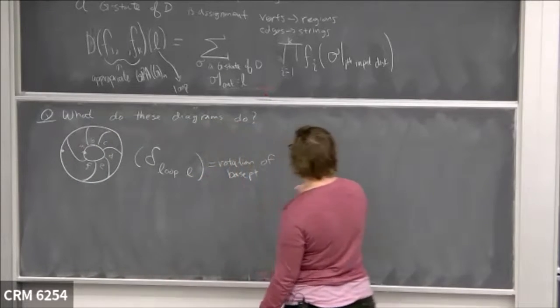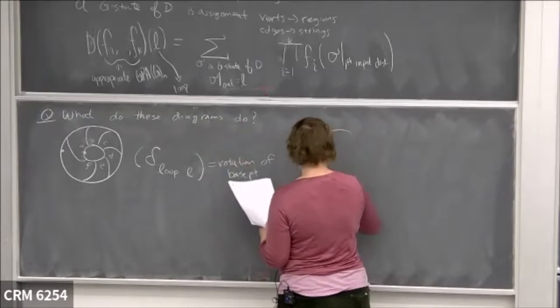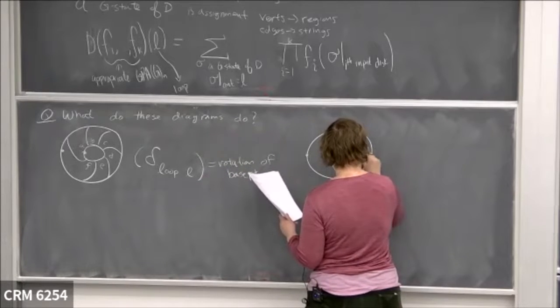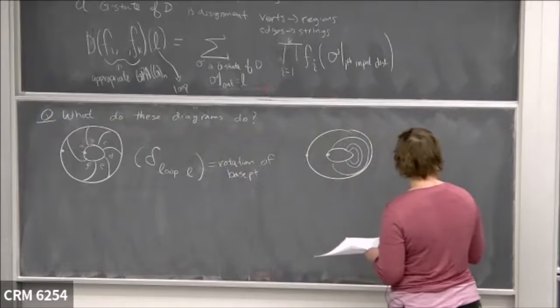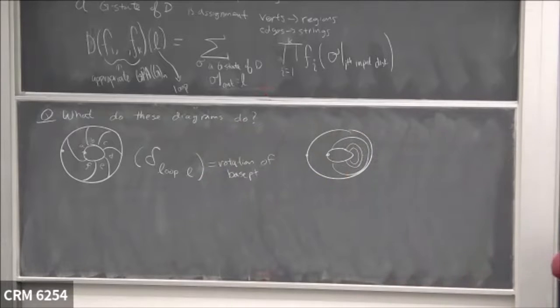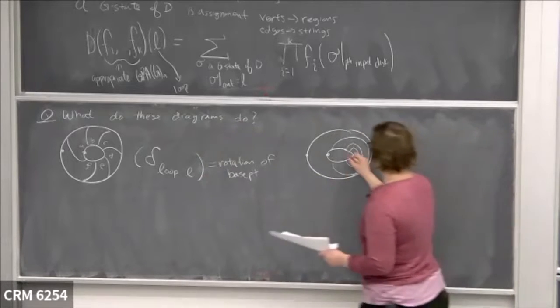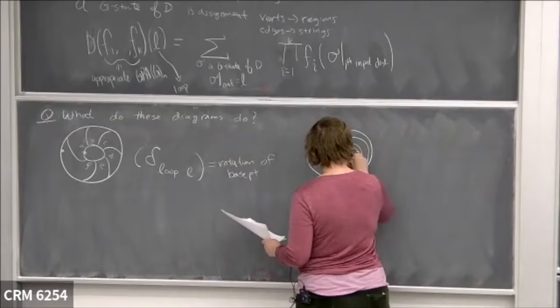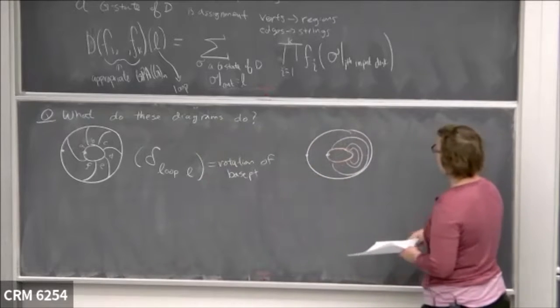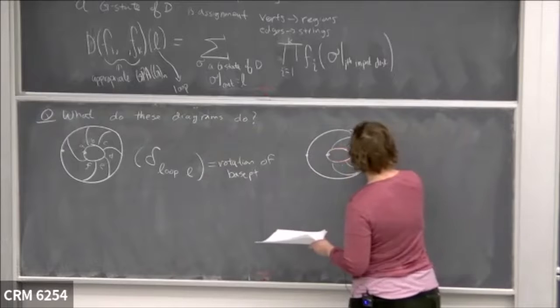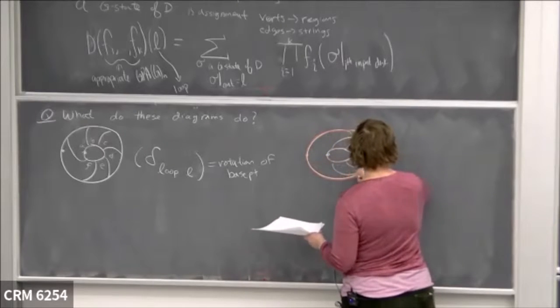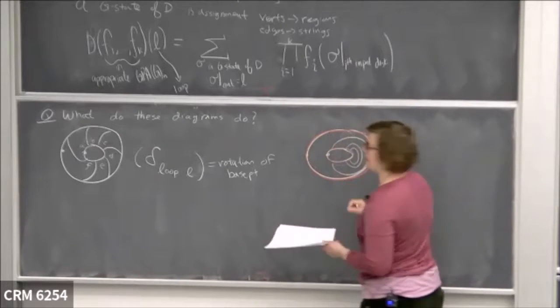Okay, cool. How about, I've already gotten lazy about chalk color, but this has an even number of points around the interior boundary and 0 points around the exterior.